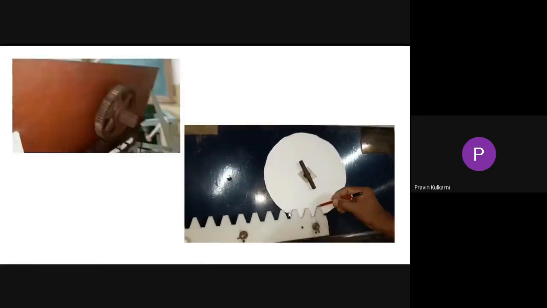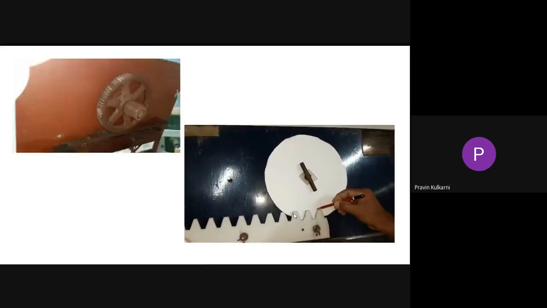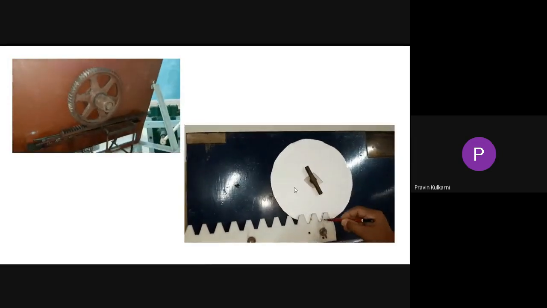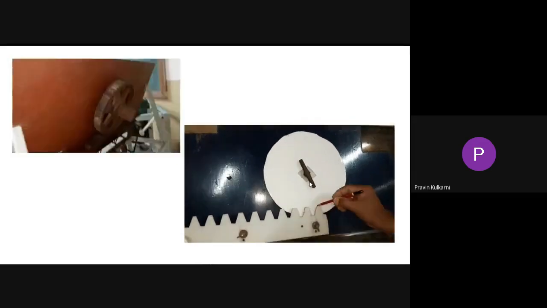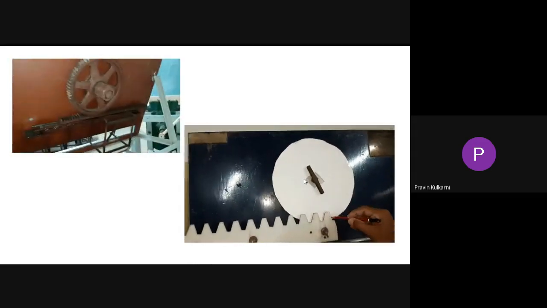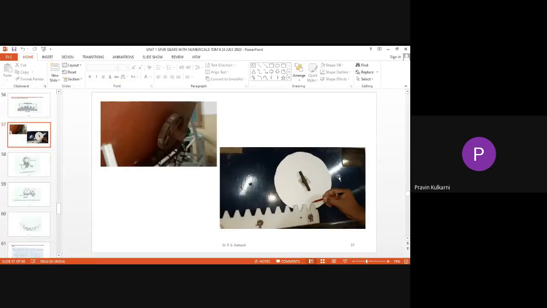So excessive addendum is the basic cause of interference. So one of the ways to take care of interference is to shift the rack away from the center if interference is to be avoided. So that is done in the case of wheels. With this, I would like to stop the contents of today's lecture.